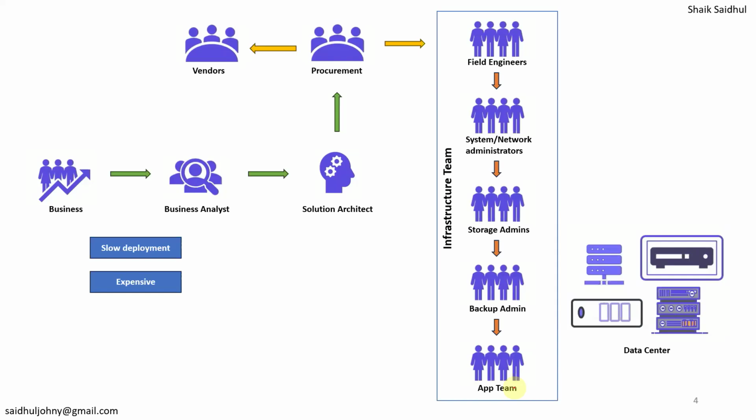So procurement team, vendors team, field engineers. Because of these many people and these many things, the overall cost to maintain the model as well as deploy the model is generally high. So that's the reason I'm calling it an expensive model. I hope this is also making sense.